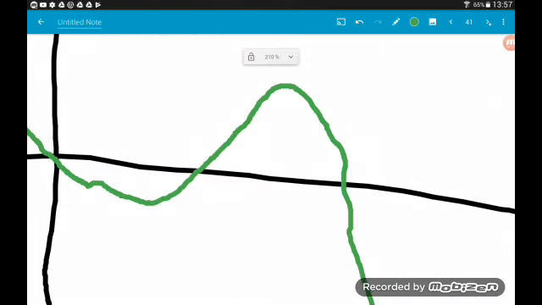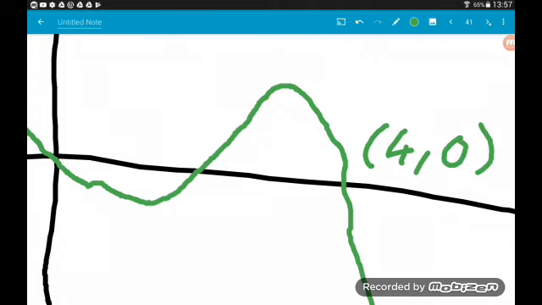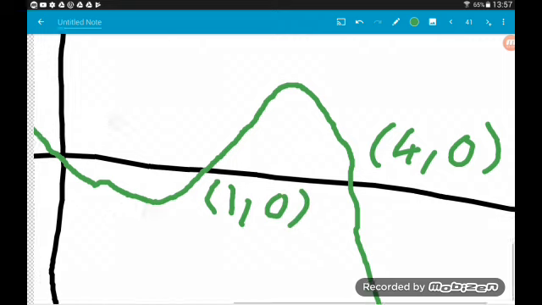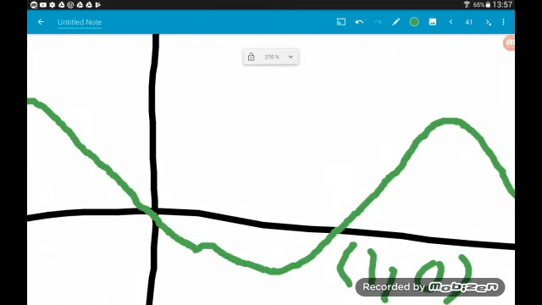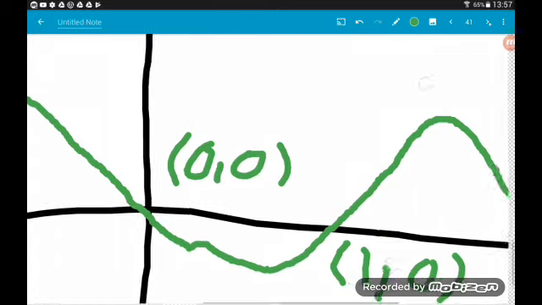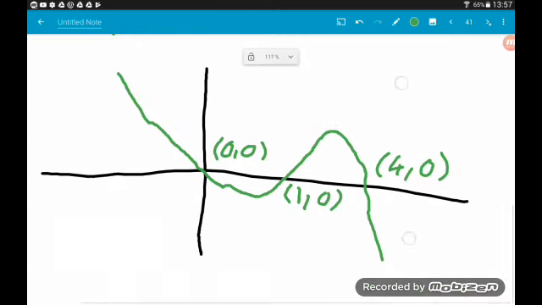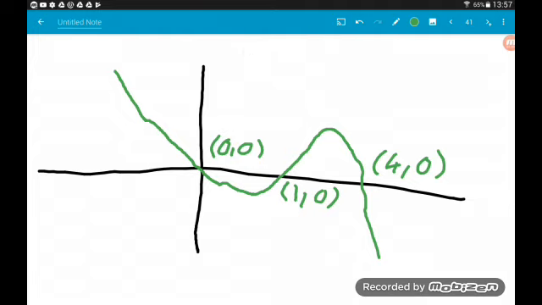So this point is 4, 0, this point is 1, 0, and this point is 0, 0. So that graph looks slightly different to the ones we've had before, and it's because we had this negative x cubed term. Good times.